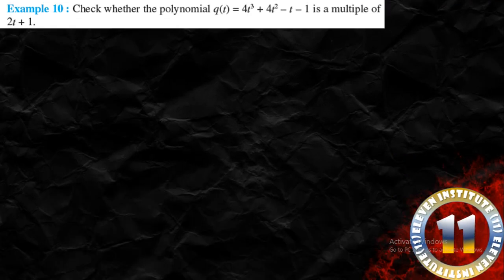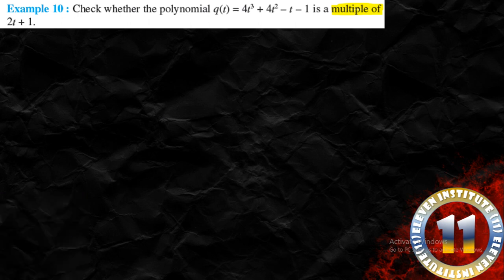Check whether this given polynomial is a multiple of 2t plus 1. What we have to check is whether it is a multiple of 2t plus 1. Now, multiple or factor, both of them are the same.